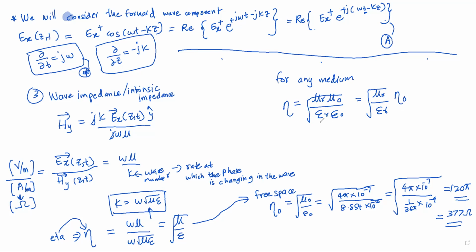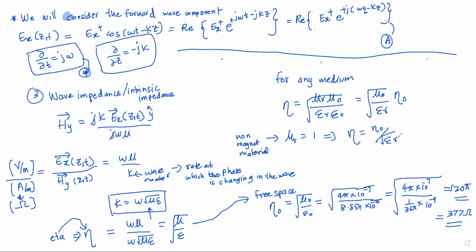Okay. So most of the time we are considering mediums which are non-magnetic, where the mu r value is 1. So for non-magnetic materials, the mu r value is 1. In that case, the value of eta will be eta naught divided by the square root of epsilon r.